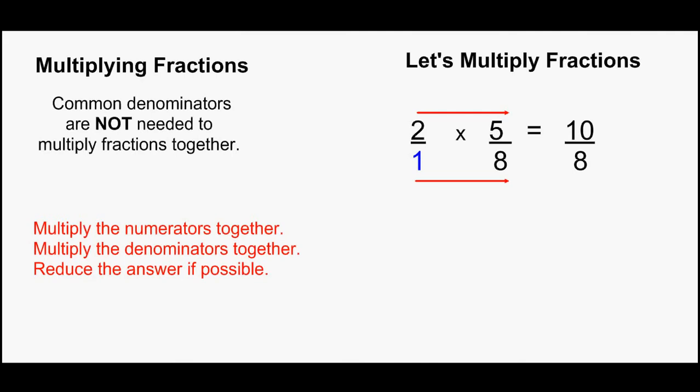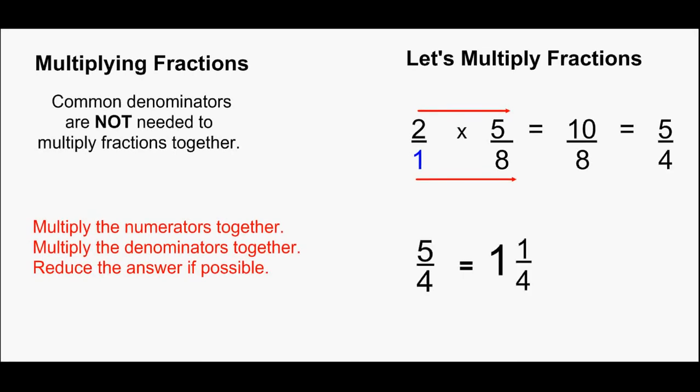Multiply the denominators together. 1 times 8 is 8. Our answer, 10/8, can be reduced to 5/4. If you prefer, 5/4 can be written as the mixed number 1 and 1/4.